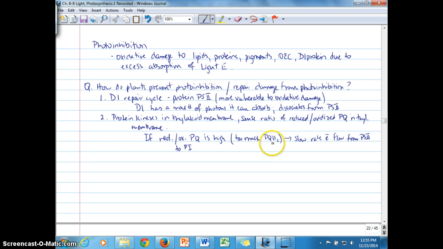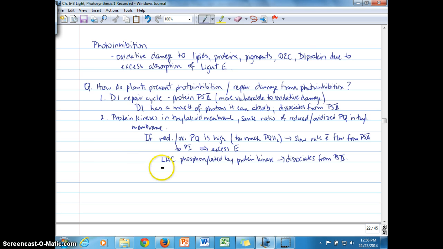So when there's too much reduced form, PQH2, it's interpreted as excess energy, and as a result, the protein kinase will bind to the light harvesting complex and phosphorylate it, which causes the light harvesting complex to dissociate from photosystem 2.